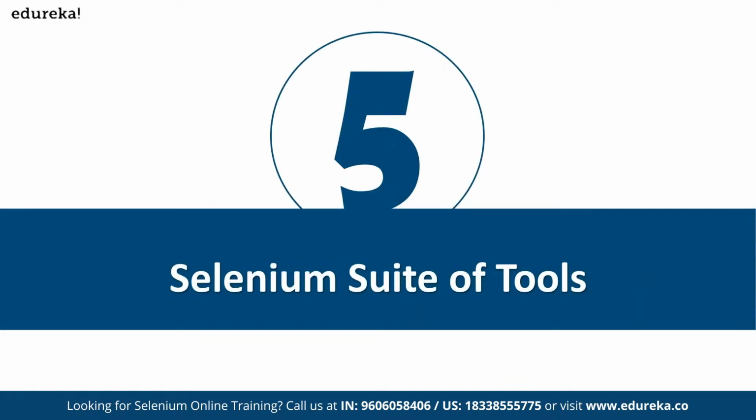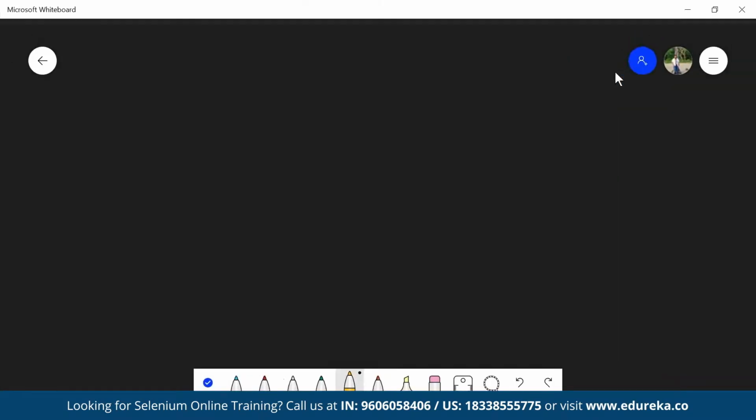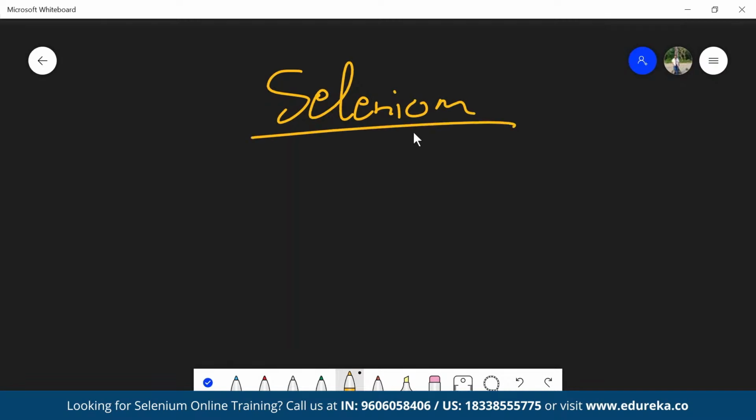Now, is Selenium a product? Is it a single tool or is it multiple tools? Selenium is not just one tool, but it is a suite of tools. Means what? It comes with a package of multiple tools. So Selenium comes with 3 of the major products in the market: IDE, which is called Integrated Development Environment.